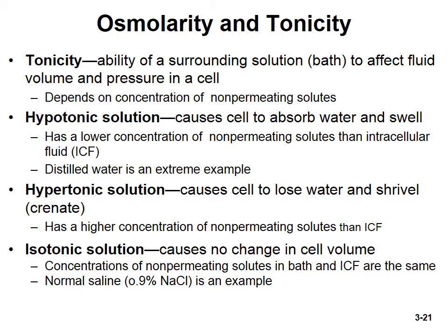So the hydrostatic pressure is going to go up in that plant, but it's not going to burst. So that's isotonic, hypertonic, hypotonic. Hope this helps. Just remember 0.9% normal saline is important when it comes to keeping our cells in an isotonic state.